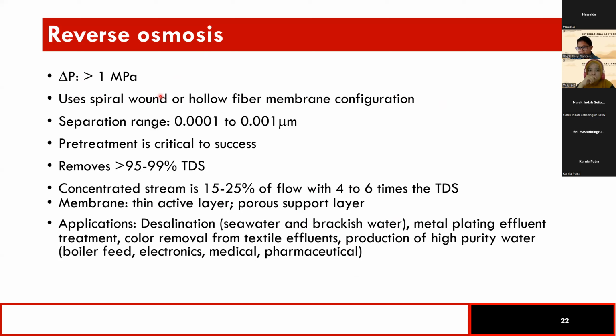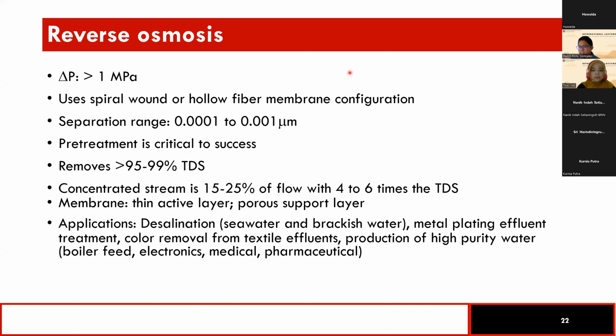So basically, this is a huge process, and it can be applied using larger scale membranes. And the separation range is from 0.0001 to 0.001 micrometer. So this is very small, 0.1 nanometer to 1 nanometer.